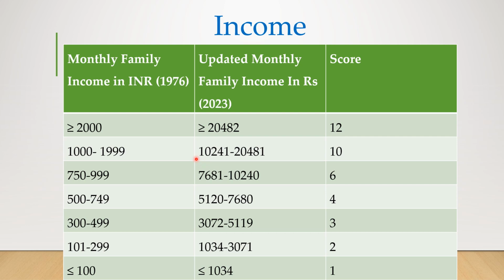If the monthly family income is 10,241 to 20,481, then the score will be 10. For 7,681 to 10,240, the score will be 6, and so on. The last score, 1, is for a monthly family income of less than 1,034.